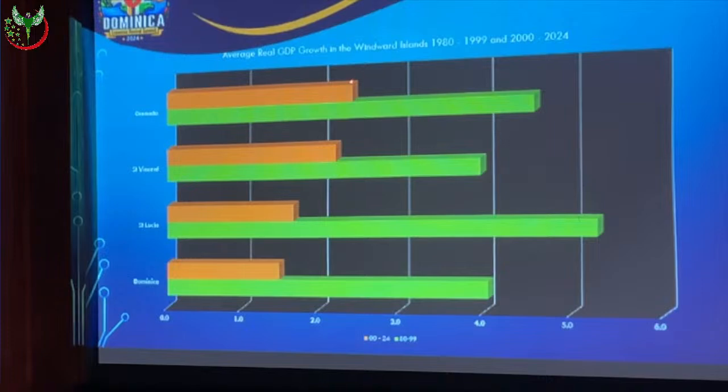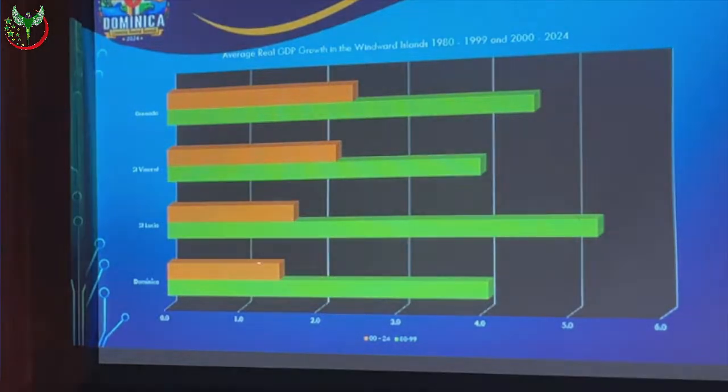Okay, so we have had, if you like, a very drastic shift in the economic fortunes of those islands, including Dominica. But St. Lucia, for me, has the most profound dip in growth because they moved from well over 5% to about 1.5%. Dominica moved from basically 4% to 1.4%.